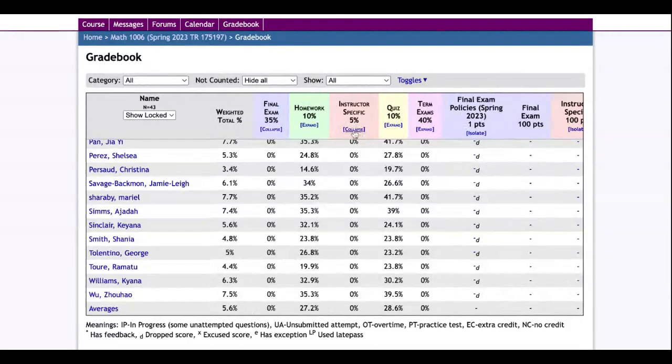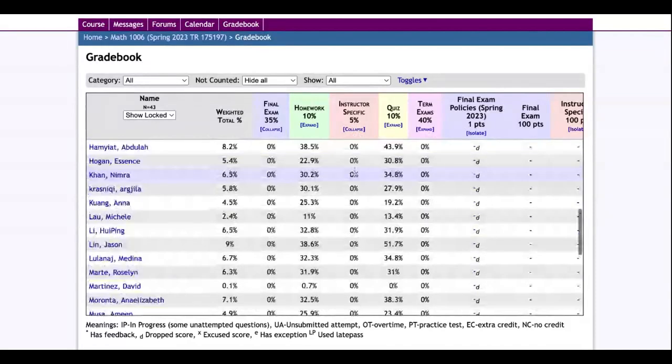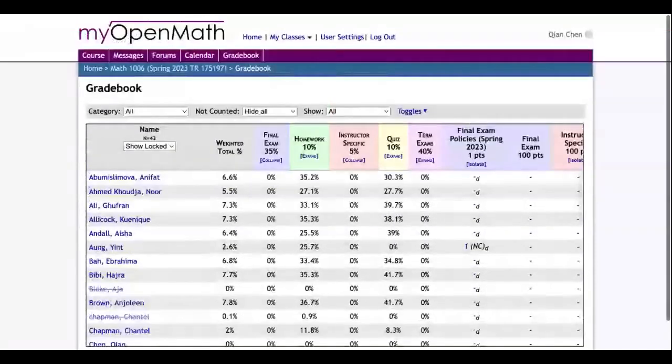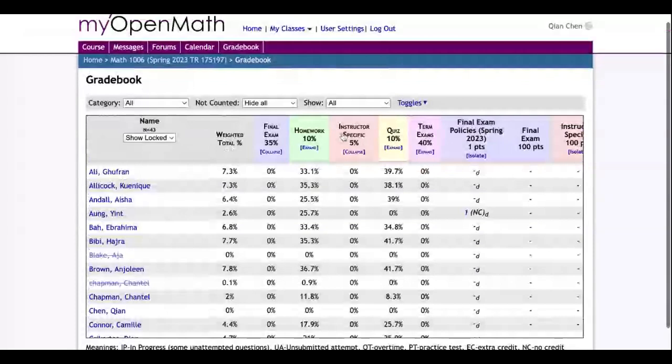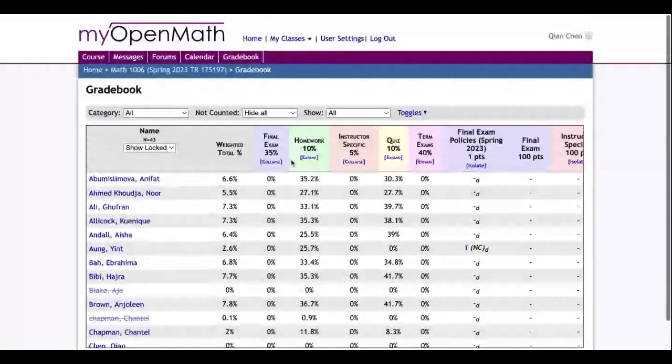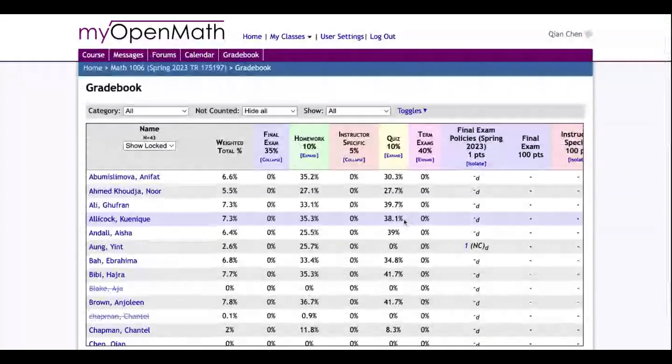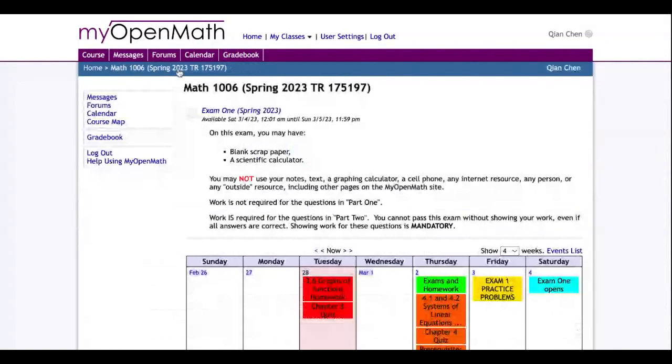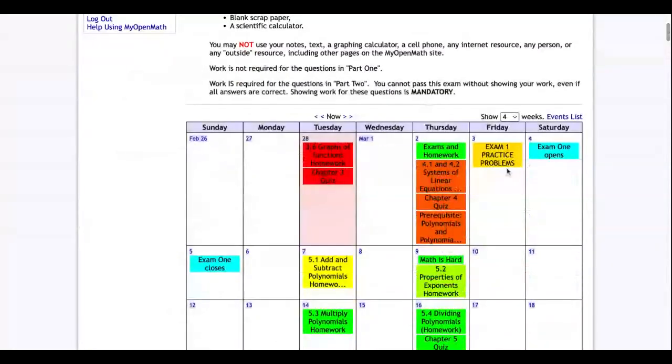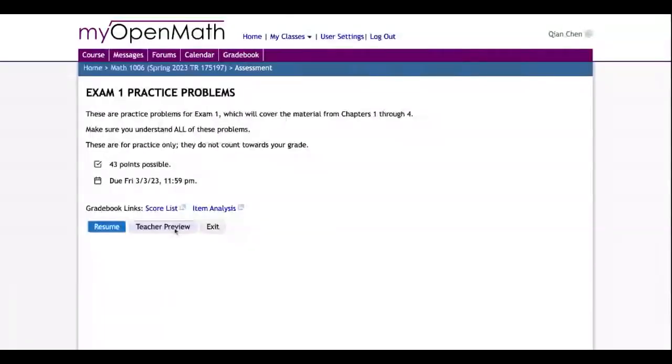You have this instructor specific, because this is up to 5 points. I don't see the grade category for that, but I think you should do it, because it helps you get better grades on exam 1. I don't see why not to do it.